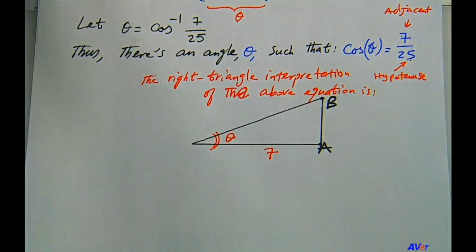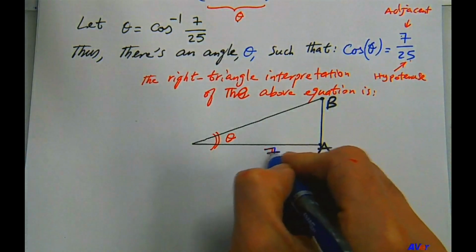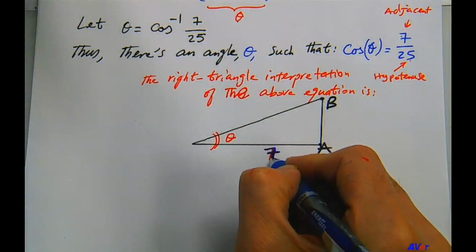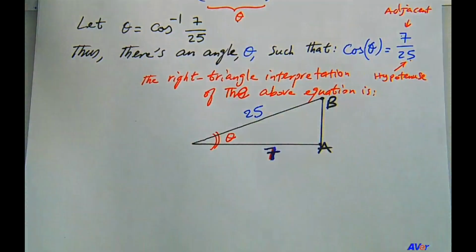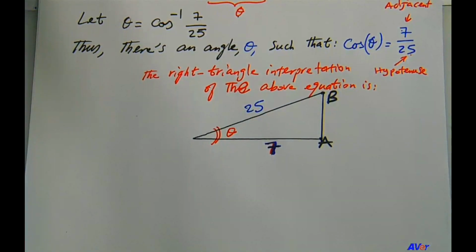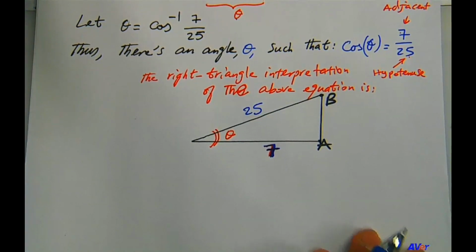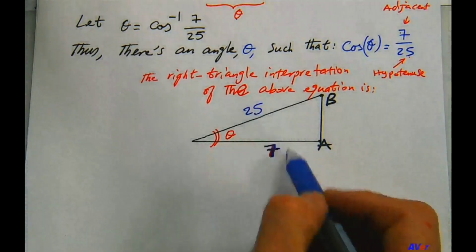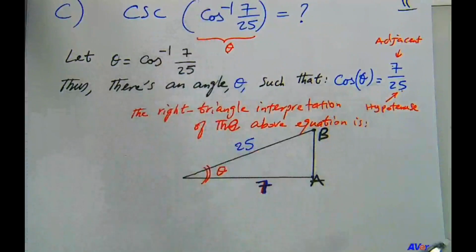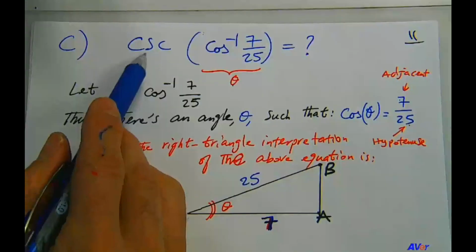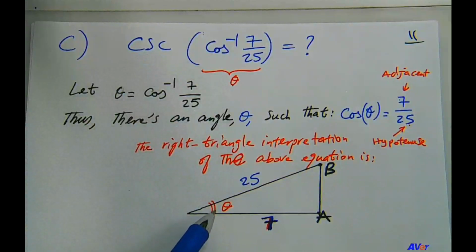Or let me switch to blue ink here, 7. And this is 25, right? Okay. So now that we have figured out this right triangle interpretation of all of this, let's calculate cosecant of theta in this triangle.